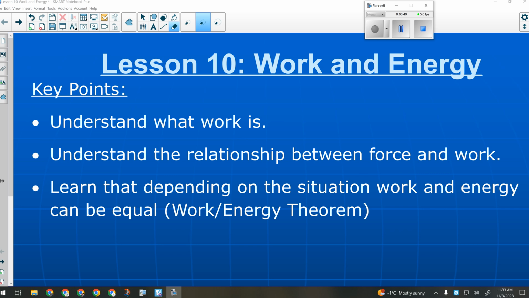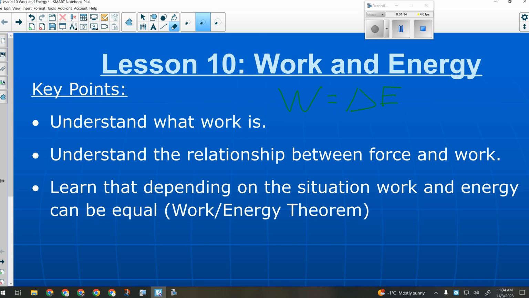Okay? So, in understanding what work is, we have to know what the definition of work is. What is the definition of work? It is a change in energy. Specifically, mechanical energy. Okay? So work is any change in mechanical energy.